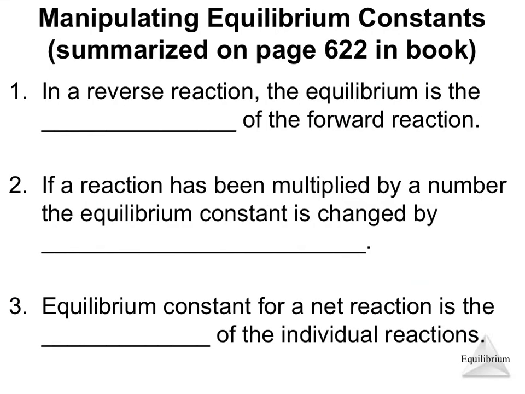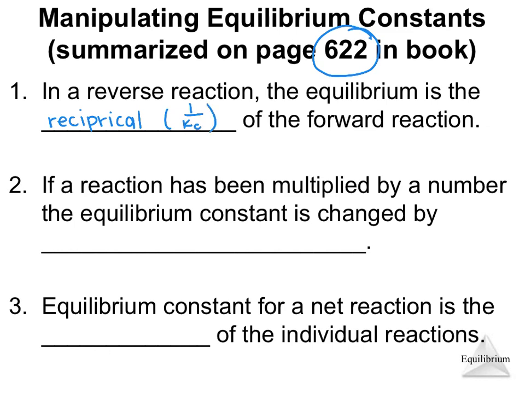So when we manipulate them, and if you need a little bit more work with this, it's all summarized on page 622. So in a reverse reaction, the equilibrium is the reciprocal, or 1 over, the forward reaction.